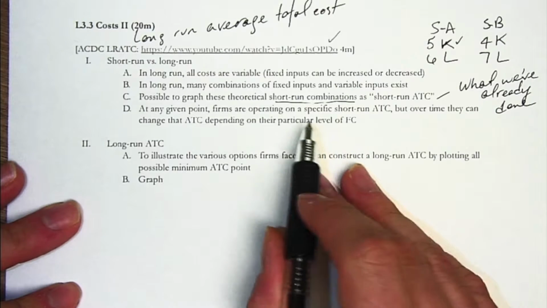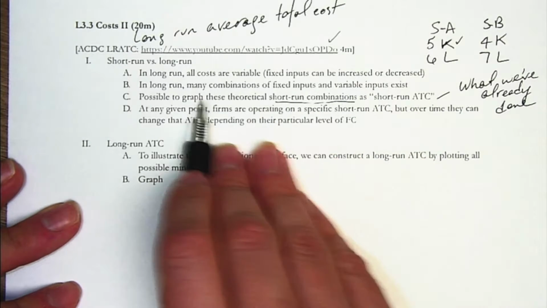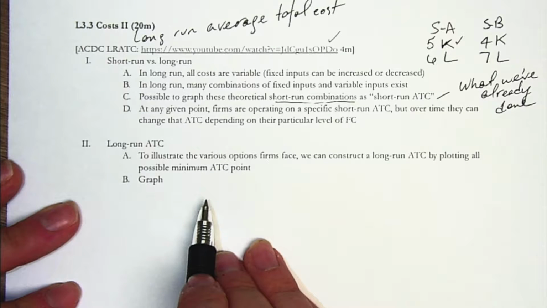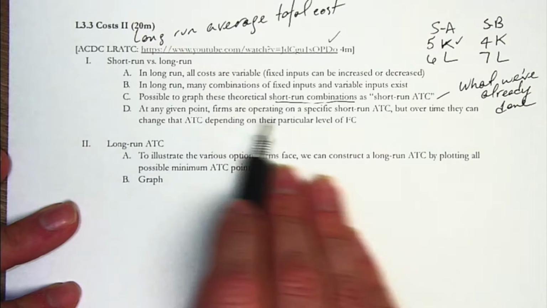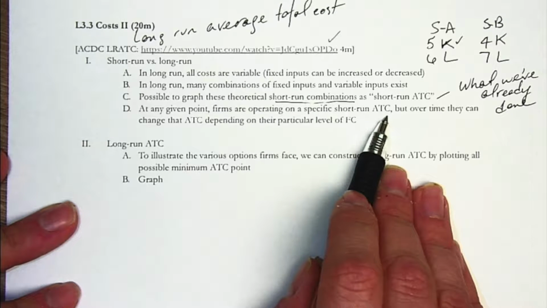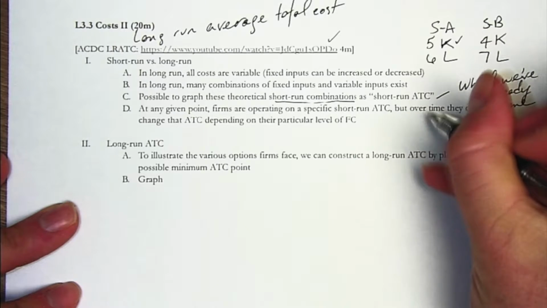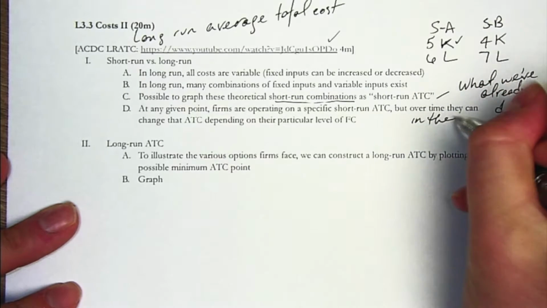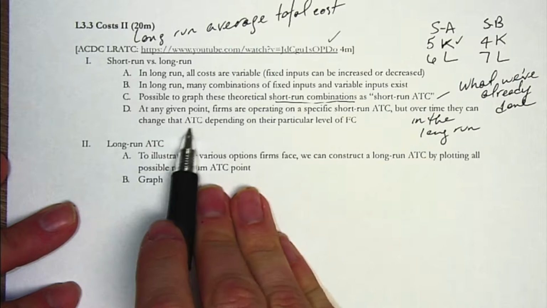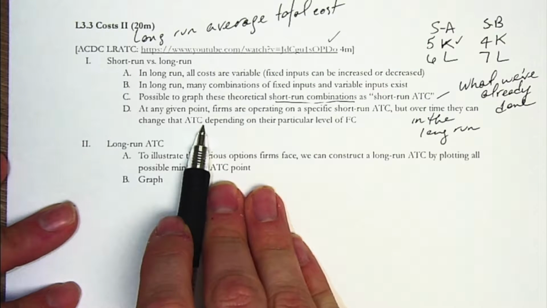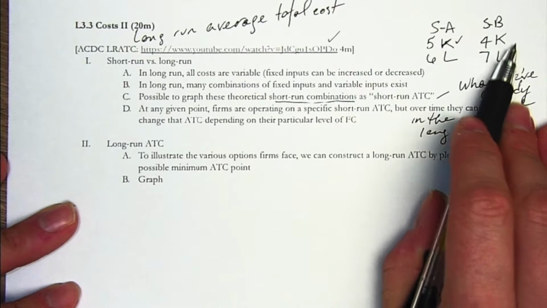It's possible for us to graph all of these theoretical short-run combinations, the many different combinations that we might have. At any given point, firms are operating on one of these specific short-run ATCs, but in enough time, in the long run, they can change the ATC they're operating on to go to a different one with a different amount of fixed costs.